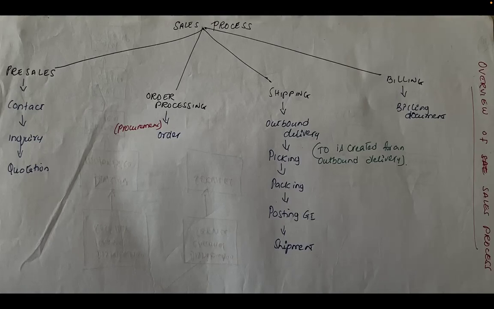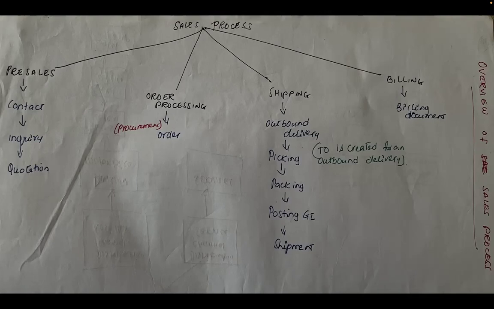Unless you do the PGI activity, the stock would not get reduced in your store, and unless posting goods issue happens, the quantity will be intact within the stock. So after the packing is done, posting goods issue would happen. Upon that, the actual shipment activities will start, wherein the vehicle will leave your premises and head towards the customer's place.